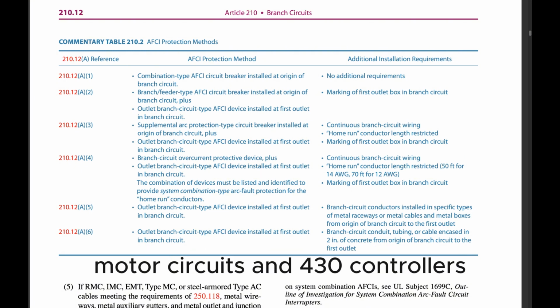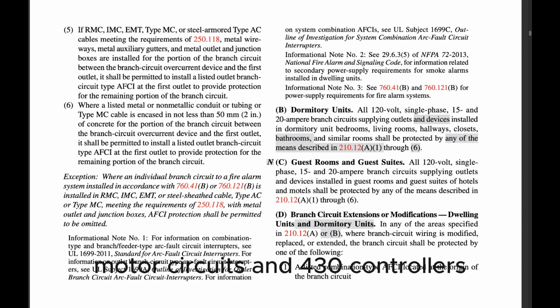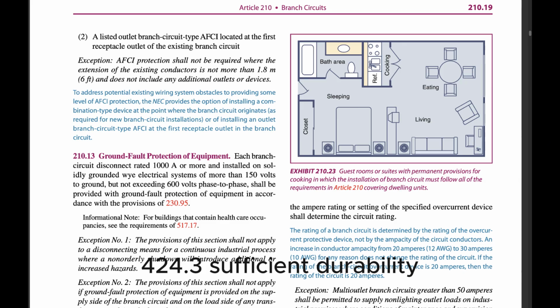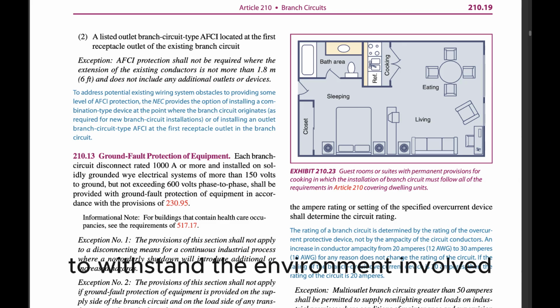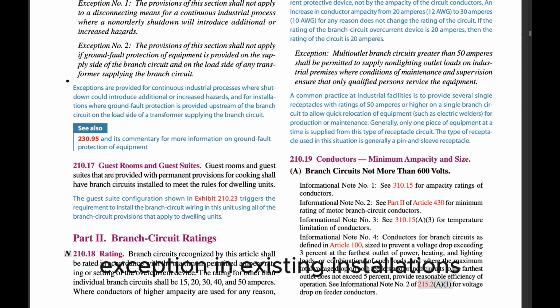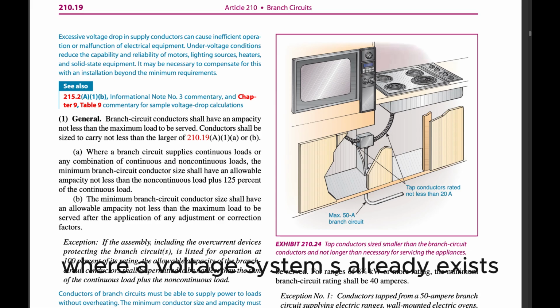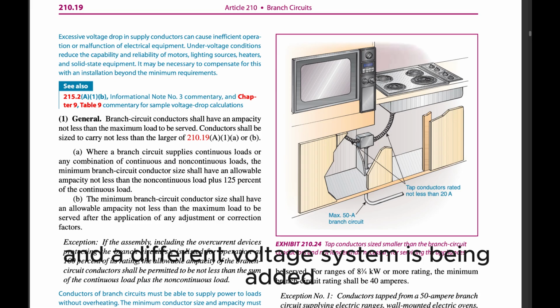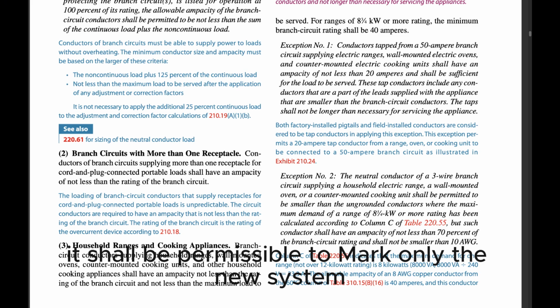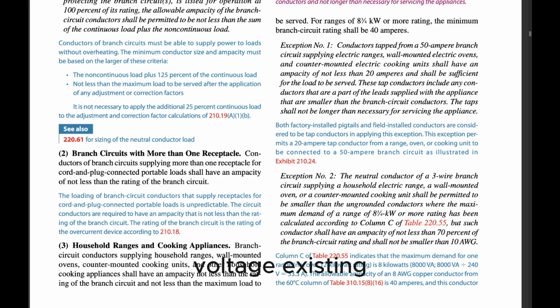The label shall be of sufficient durability to withstand the environment involved, and shall not be handwritten. Exception: in existing installations where a voltage system already exists and a different voltage system is being added, it shall be permissible to mark only the new system voltage.